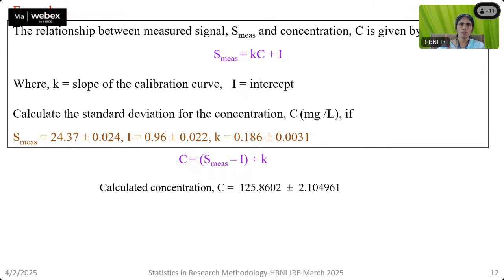Here you have to apply the rules in individual steps and arrive at the result. If you have to calculate the standard deviation of the concentration, one can easily calculate it: that's nothing but the signal minus intercept, the whole divided by the calibration constant K. All of you try to follow that. I think all of you are able to follow these things.